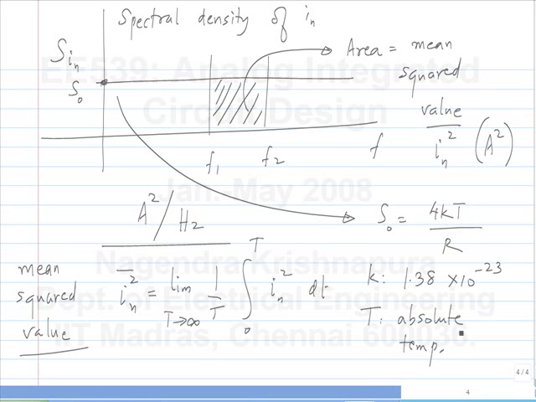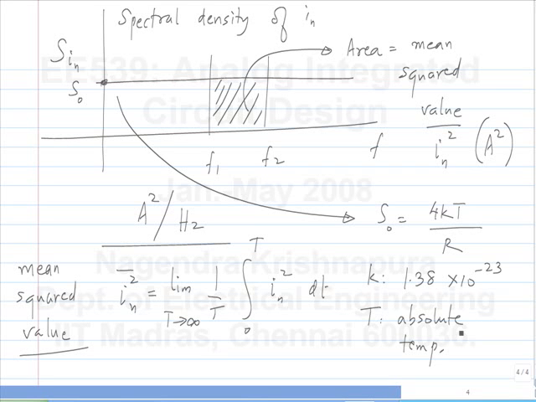Okay, and R is the value of the resistor. As you can see, it depends only on the temperature and the value of the resistor. It does not depend on anything else, like what circuit it is in or any circuit conditions. Okay, it does not depend on the operating point or any such thing. If you have a resistance of value R at a temperature T, this is the noise variance.